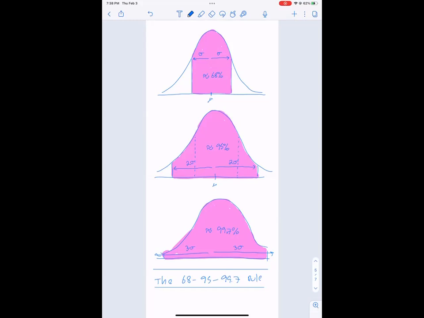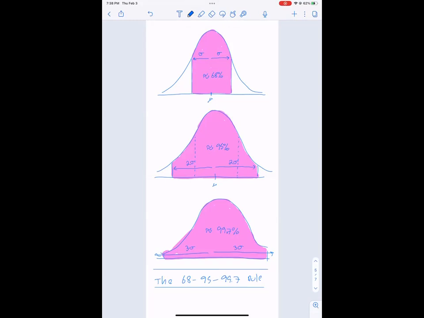Do not try to use it for anything that's not normal. There is a rule that you can use for any distribution. It is called Chebyshev's inequality, after the guy Chebyshev who came up with it. But we're not using it in this course. The best we have for normal is 68, 95, 99.7.